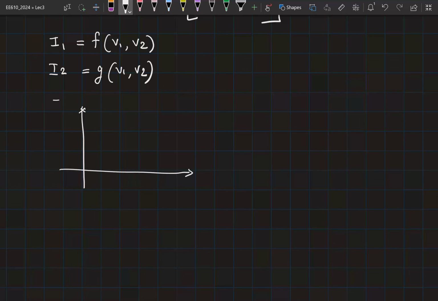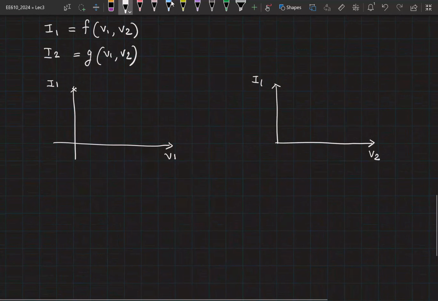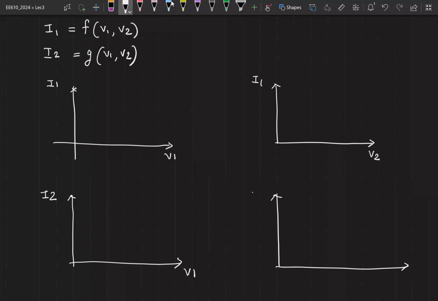So we will look at I1 versus V1, I1 versus V2, I2 versus V1 and I2 versus V2. Right?